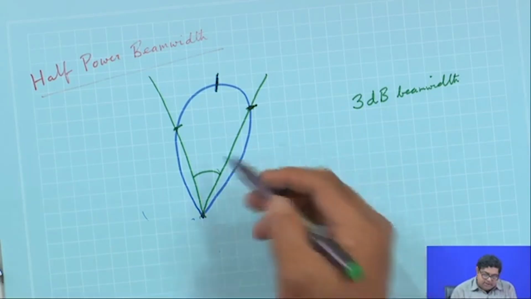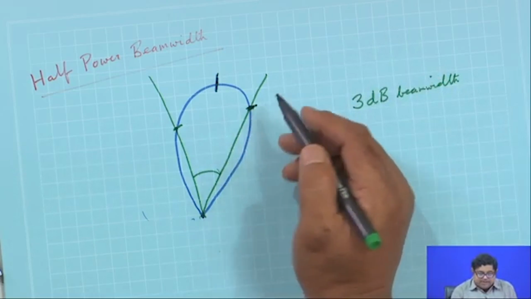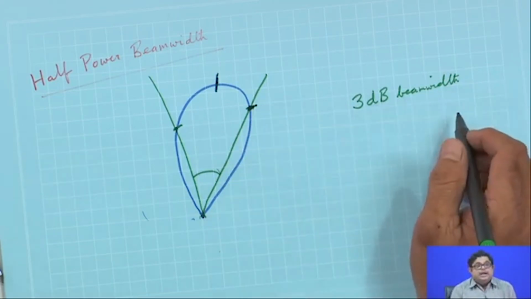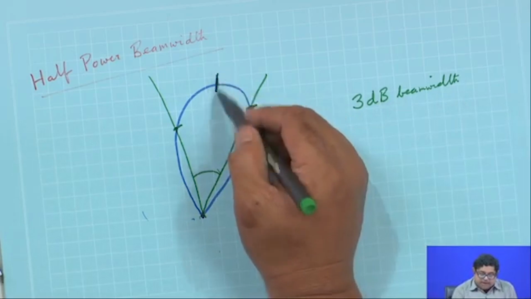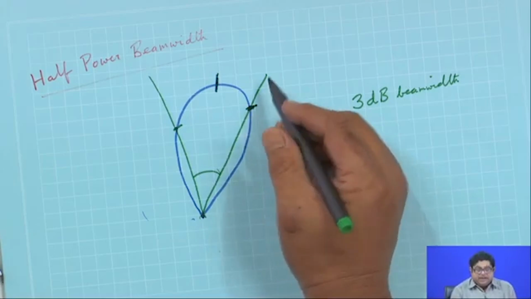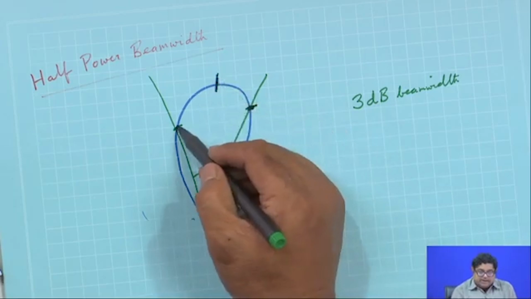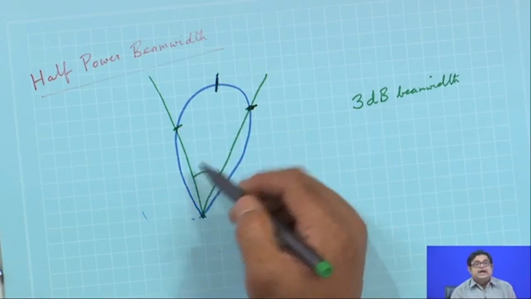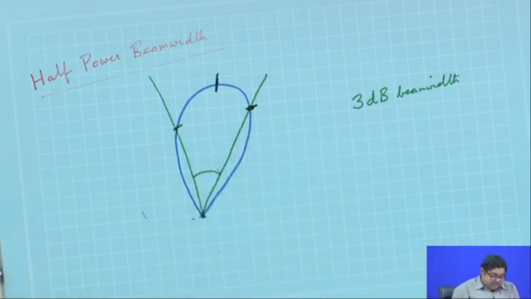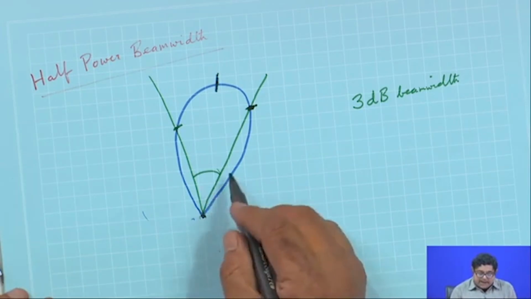Now, actually we could have some other points also, like sometimes people say 10 dB beam width. 10 dB beam width means that instead of locating the half power, I locate the 1/10 power of the maximum. So, if this point is 1/10 of maximum, and this point is 1/10 of maximum, then this angle will be called 10 dB beam width. Sometimes we also say null to null beam width. Null to null beam width means one null and another null.